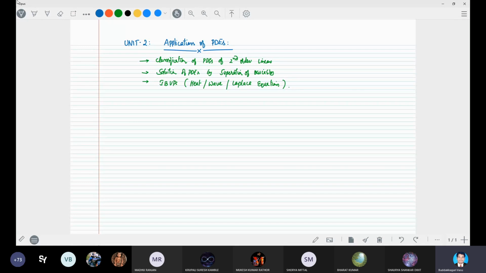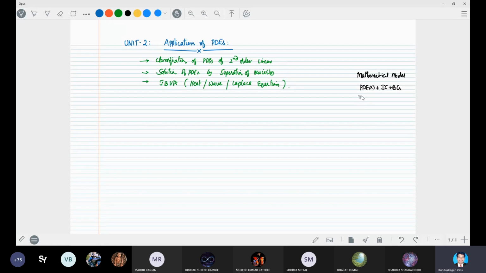The mathematical model means there will be the partial differential equations plus initial conditions plus boundary conditions.